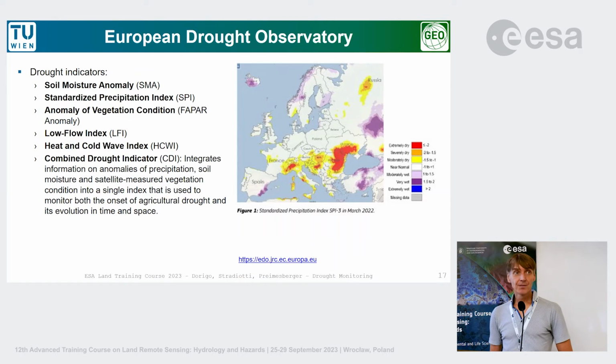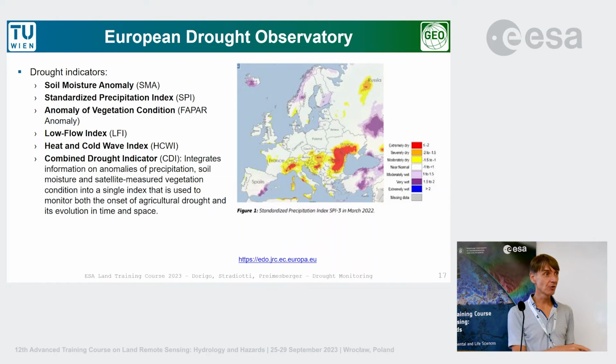One of the portals which is closer to home, for us at least, maybe there are people from the US, I'm not sure, is the European Drought Observatory, which is hosted by the European Commission, by JRC. They amalgamate different indicators of drought.